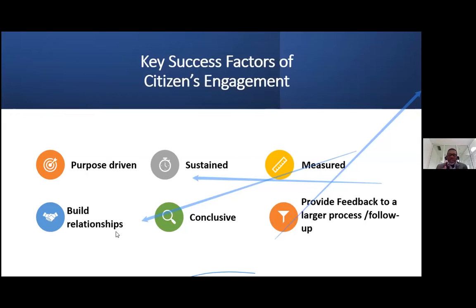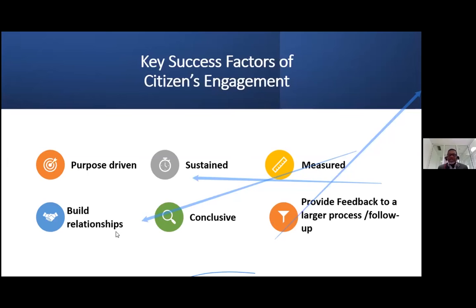With a good relationship, you can break down barriers or break down objections towards achieving a certain legislative drive or agenda.